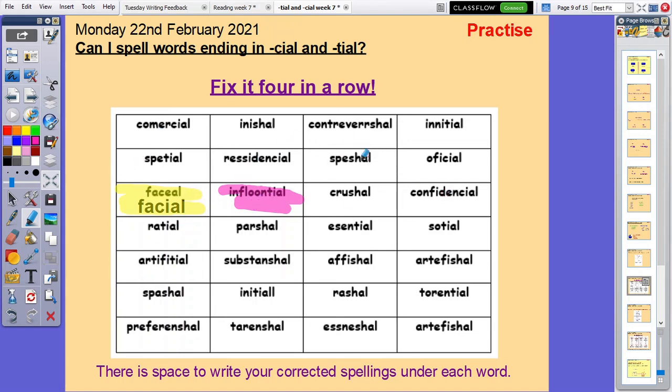You could even go diagonally if you wish to set the rule that way. If you find it really tricky, you can always change it to 3 in a row. You can always adapt the game if you like. So that is a game for you to play, and hopefully you can correct all of these words, and your partner can correct all of these words, these shall words. So good luck with that, Year 6, and I'll speak with you again on Wednesday.